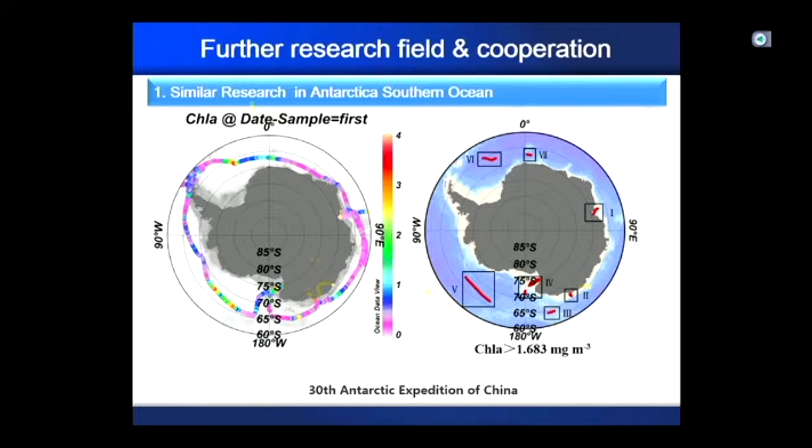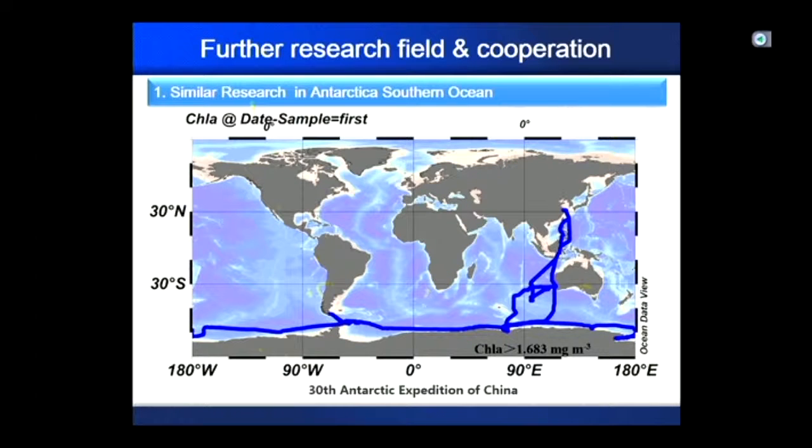And also this is the route we have from 2014 to the Antarctic, the same year. So we went from Shanghai to the Antarctic, and when we came back, we also surveyed some of the Indian Ocean near West Australia.